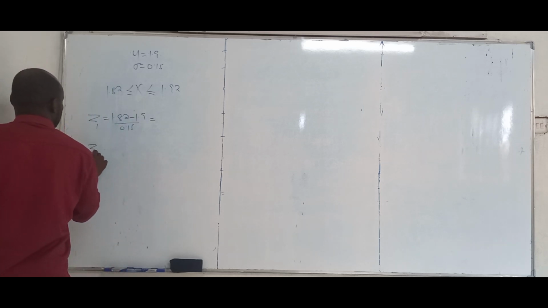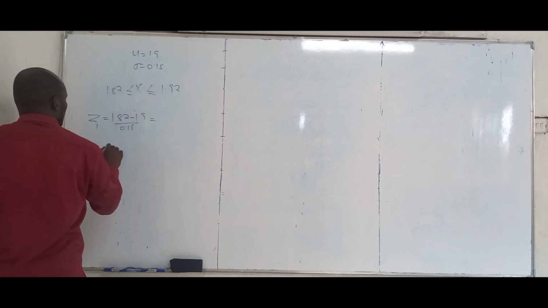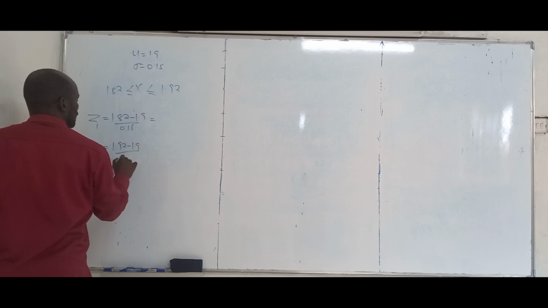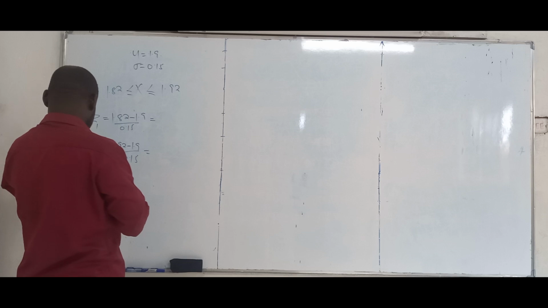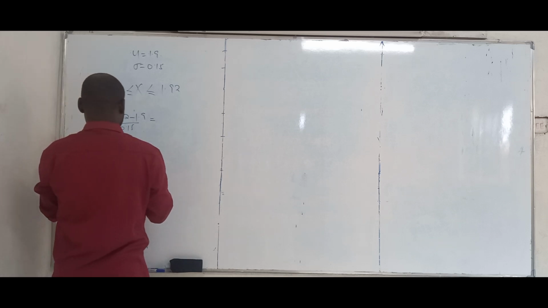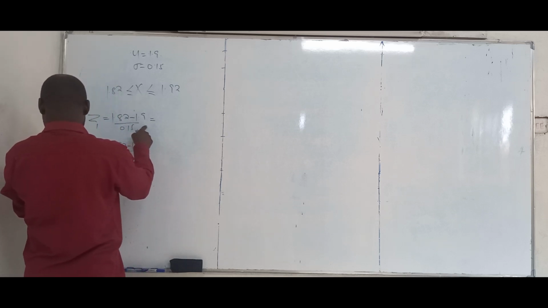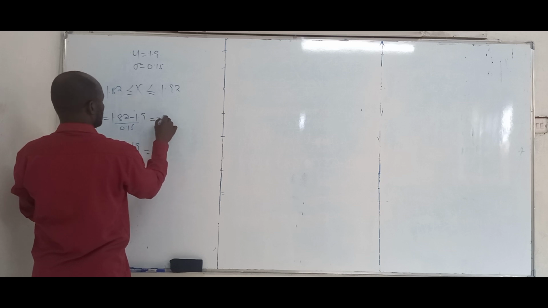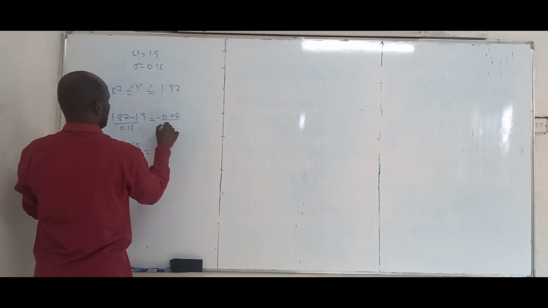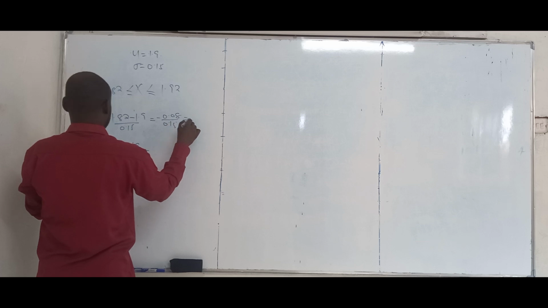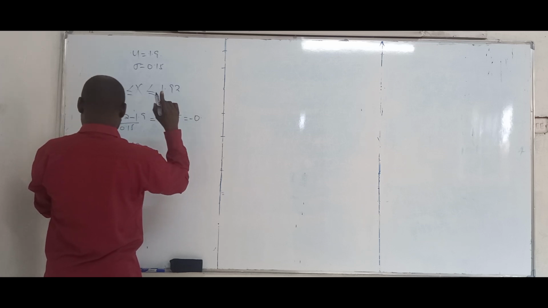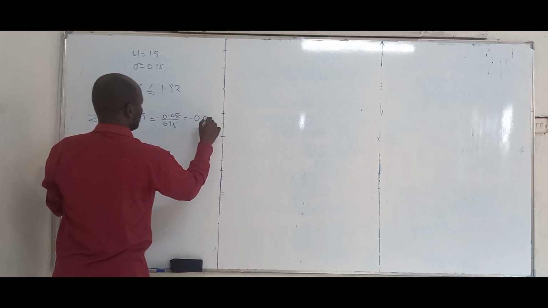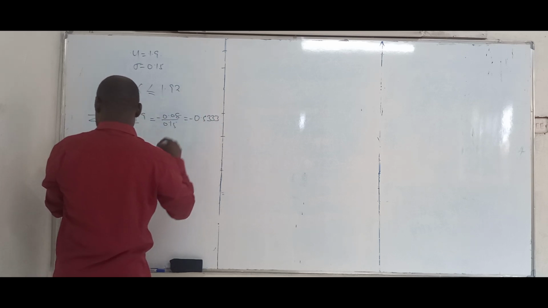The second value of Z should be 1.92 minus 1.9 over 0.15. The first case is negative, so it gives us negative 0.08 over 0.15, and that gives us, if you work it out using a calculator, negative 0.5333, 3 recurring.